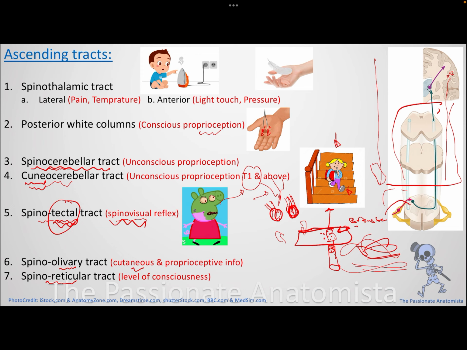So the spinoreticular tracts bring information from the spinal cord, and get this information to the reticular formation. And the reticular formation has its own ways to collect information from everyone to make sure that it can keep track of everything happening in your body.